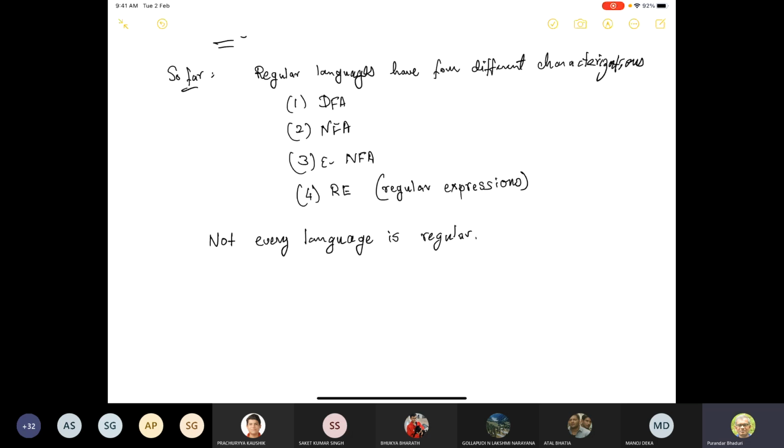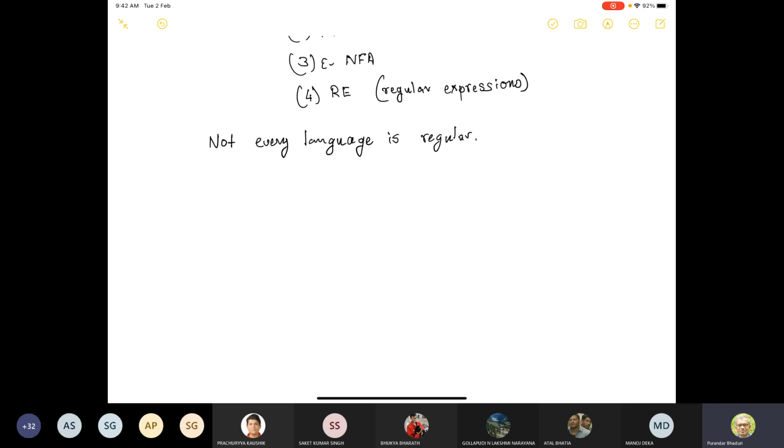It's easier to show that a DFA accepts a given language than to show that there is no DFA which accepts a given language, right? So to do that, we are going to show an important property of regular languages and use that property to show that some given language is not regular.